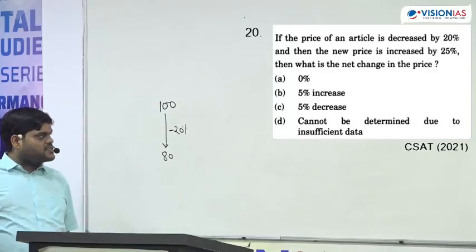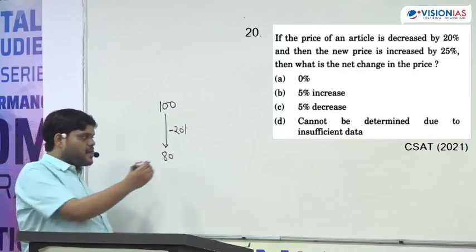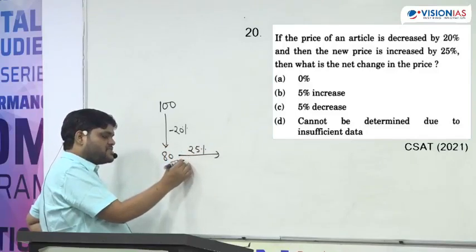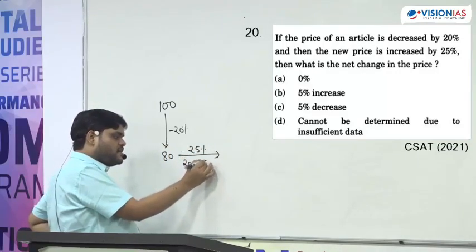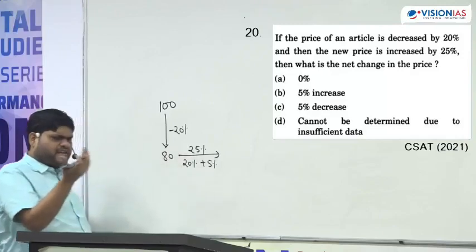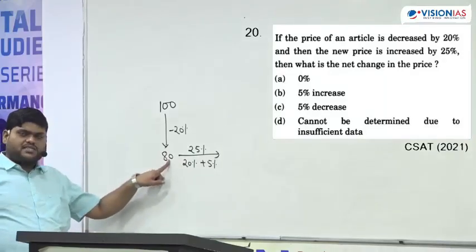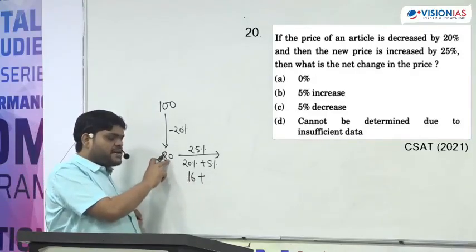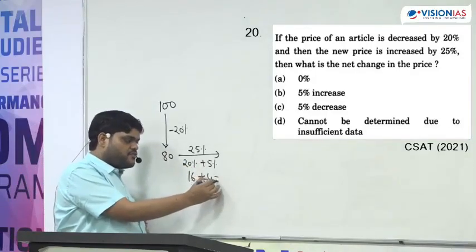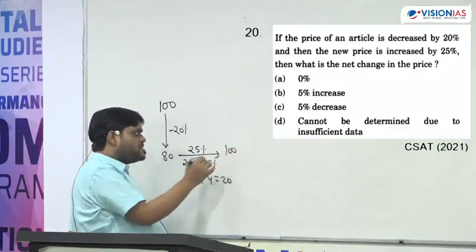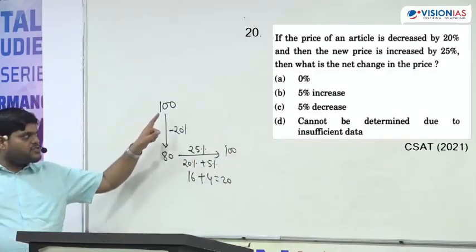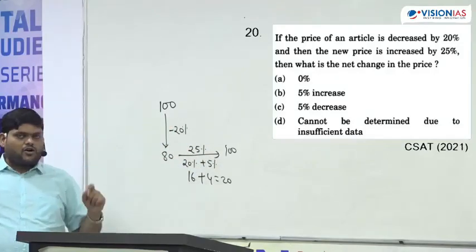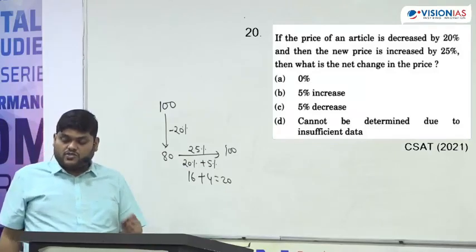Then it is increased by 25%. 25% simply means 20% plus 5%. 10% of 80 is 8, 20% is 16, 5% is 4, that means a 20 increment. This again becomes 100. Anything that was 100 is now again 100, that means total increment or decrement of 0%.